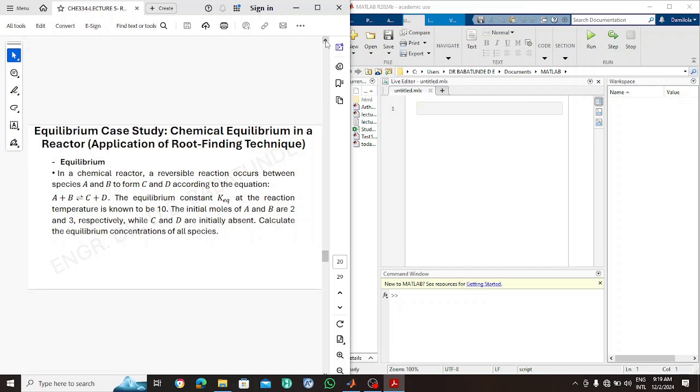In this case, they all have the same stoichiometric coefficient. But you should know that it's not in all instances that they have the same stoichiometric coefficient. It will depend on the reaction that you are given.